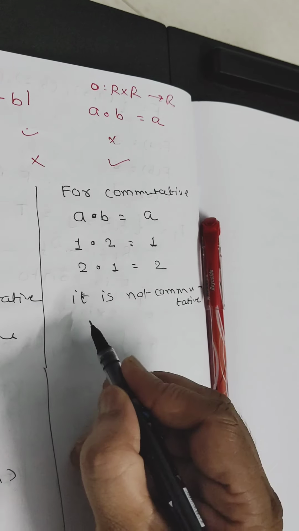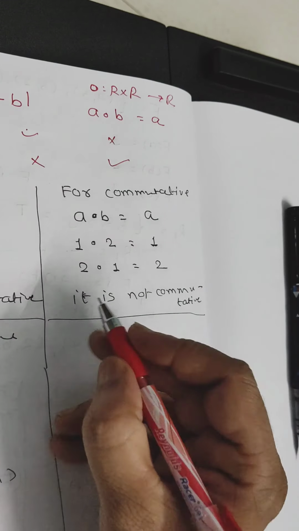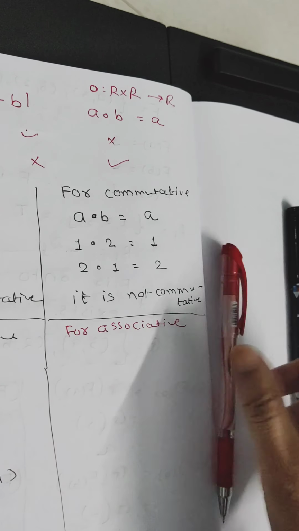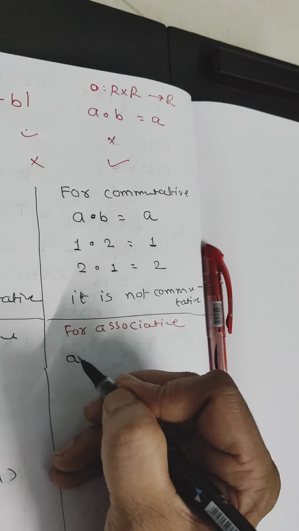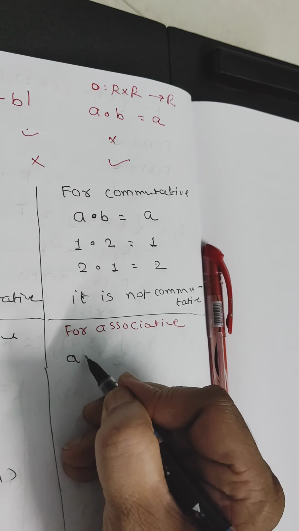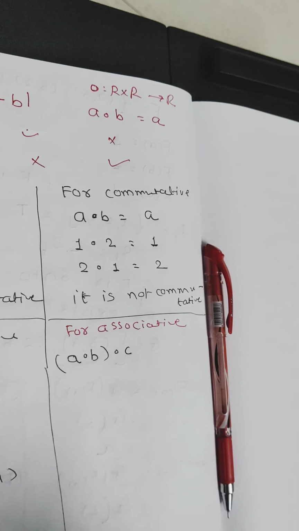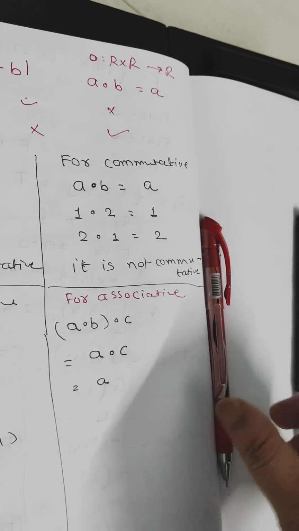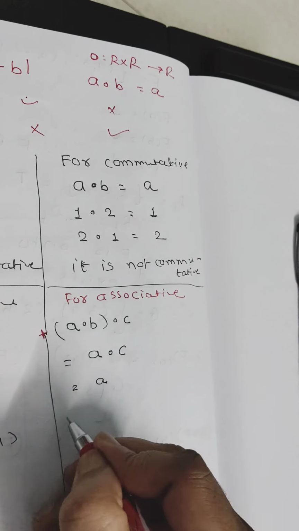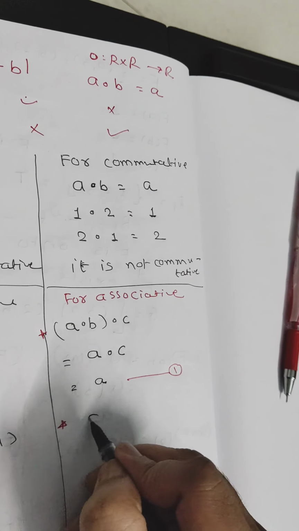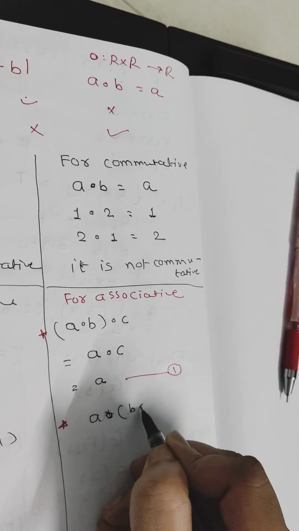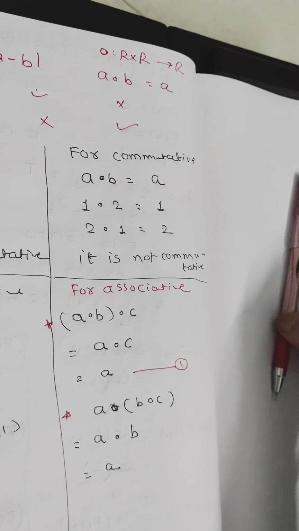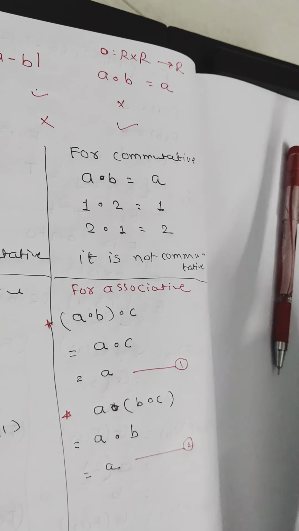Okay, but in associative, what will happen? For associative, A B C. Here answer is A C. So final answer is A. But if I take this group, then here A binary operation B, answer is A. So from 1 and 2 I can write it is associative.